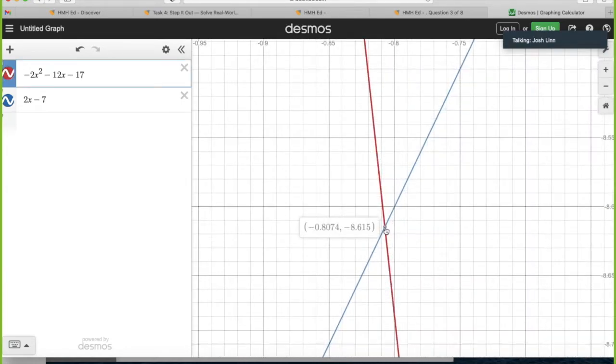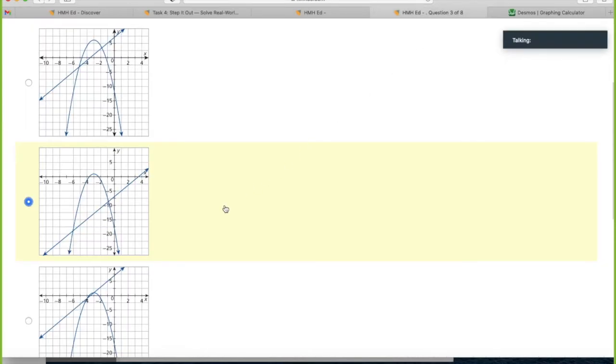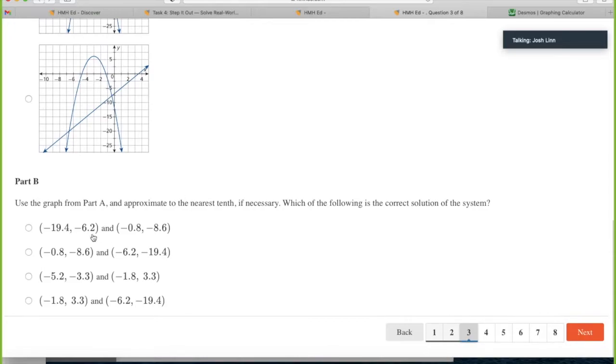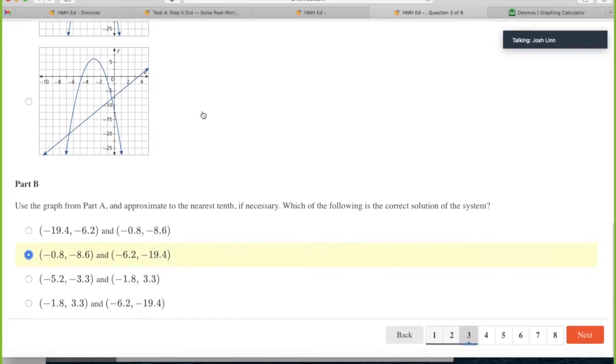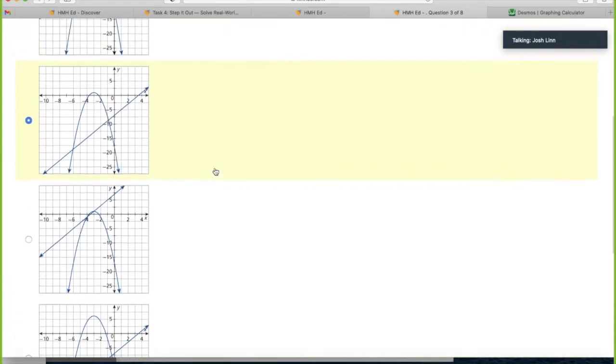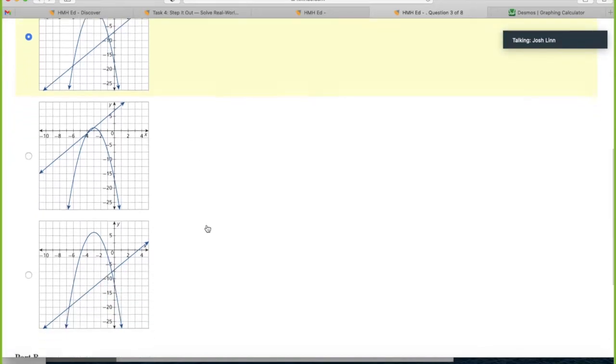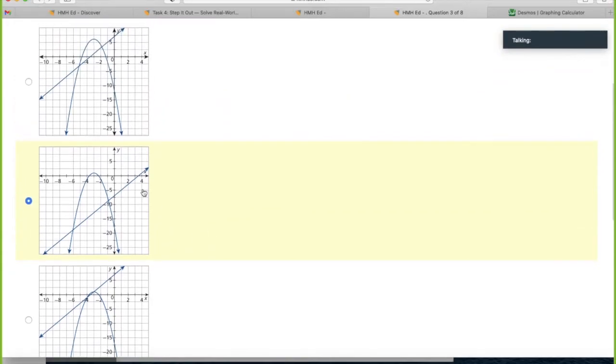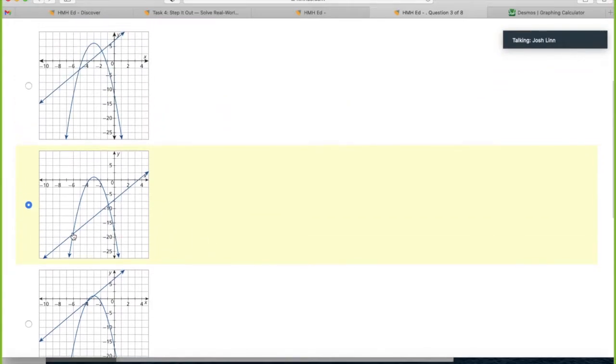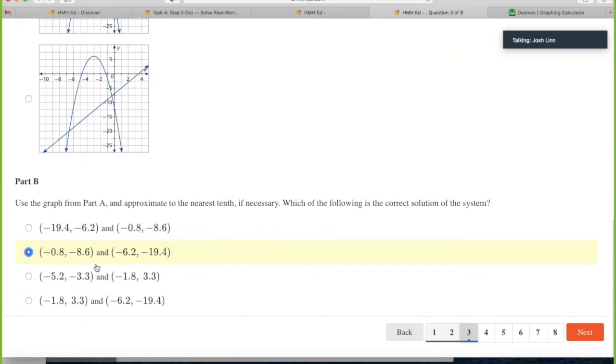So -0.8 and -8.6. And I would kind of go with that one. Where's our second one? -6, -19. Yeah, I'll agree to that. So there you go.